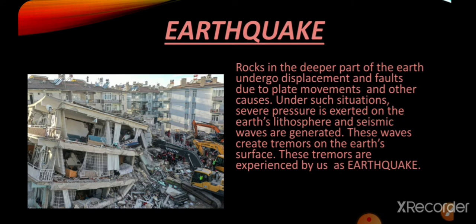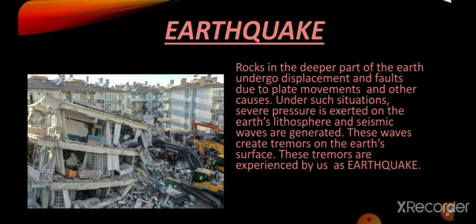What is an earthquake? Rock in the deeper part of the earth undergoes displacement and faulting due to the plate movements. We already studied the plate margins, the plate movement and the displacement of the lithospheric plate.